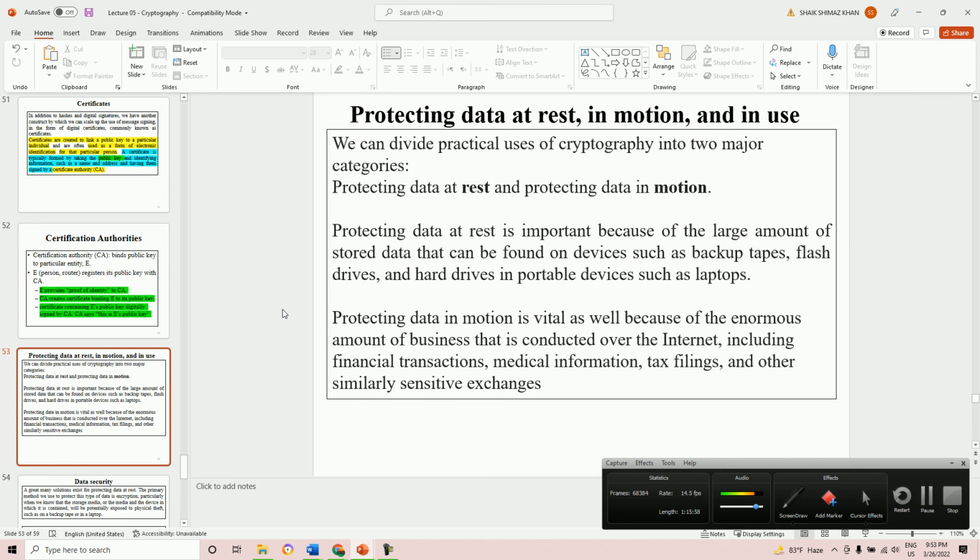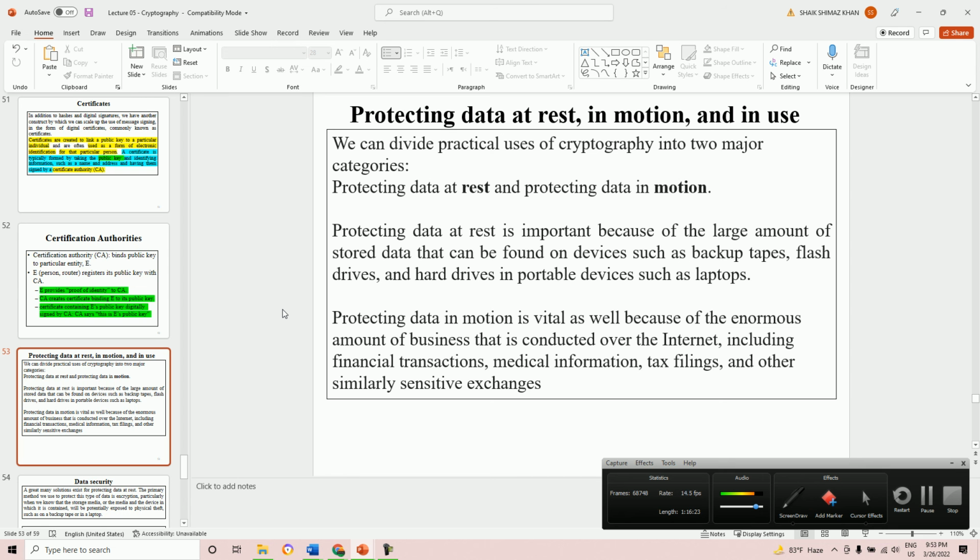Protecting the data at rest, in motion and in use. So please understand, we have discussed symmetric encryption, asymmetric encryption, hashing, then digital signature and certificate. So using these schemes we can protect the data at rest.